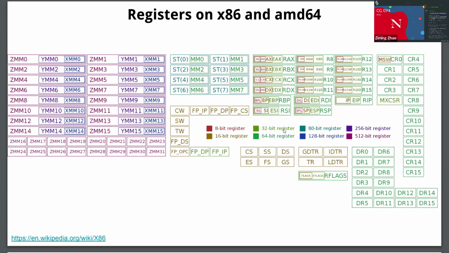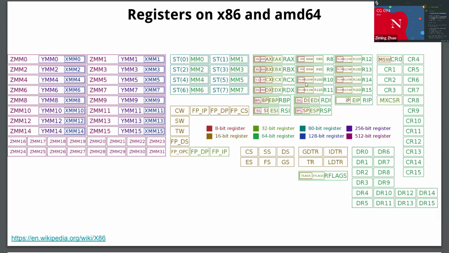There are many other registers in the 64-bit version. So this figure shows most of the registers. We are already familiar with EAX, EBX, ECX, EDX, the general registers. There are several others: EBP, ESI, ESP, EDI, right? So that's 32-bit, started with E, extended.